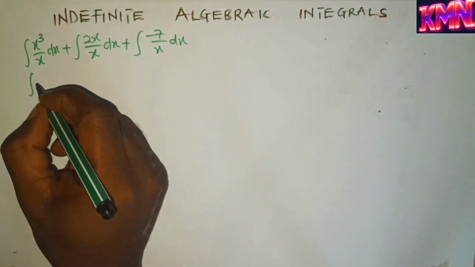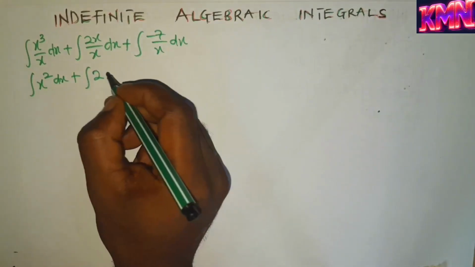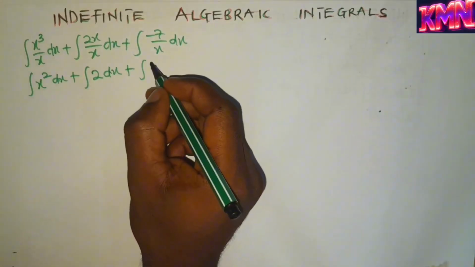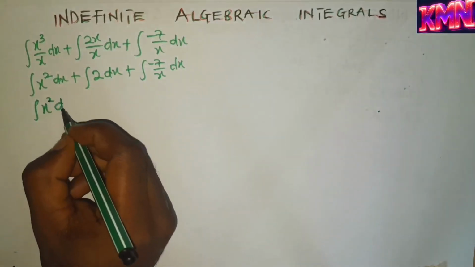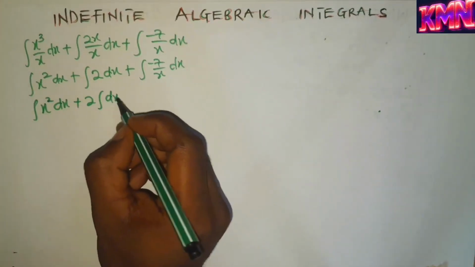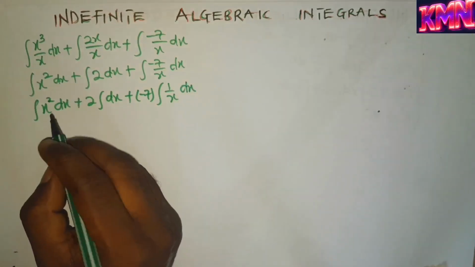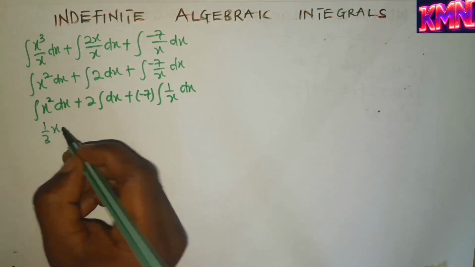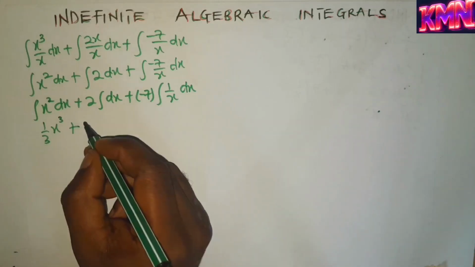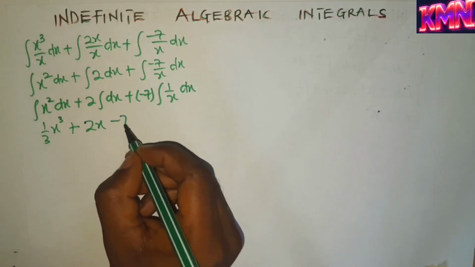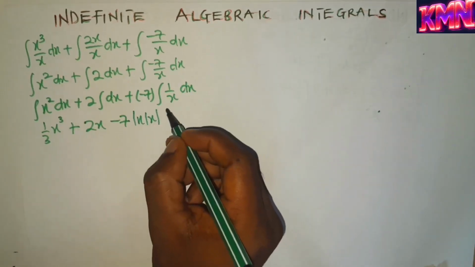Simplifying, we get the integral of x squared dx plus the integral of 2 dx plus the integral of minus 7 on x dx, and that gives us, integrating x squared, 1 on 3 x cubed, plus integrating 2, we get 2x, then minus 7. Then we know the integral of 1 on x is ln x, plus c.